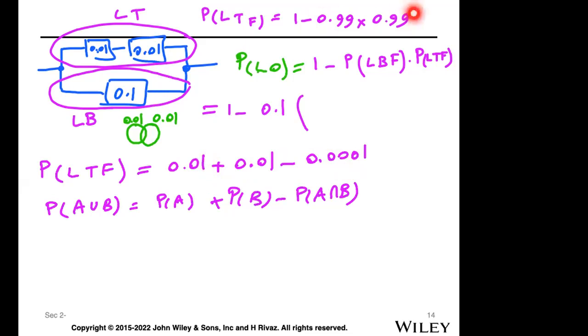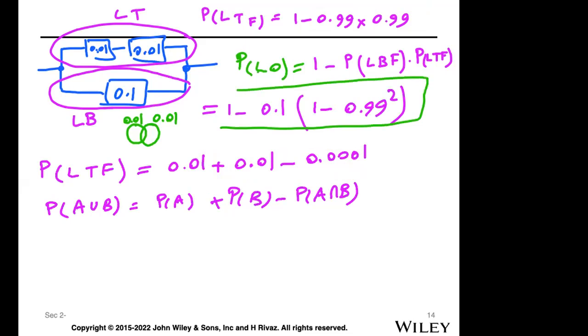So either this or this, right? So 1 minus 0.99 to the power 2. So we calculated the left part. The probability that the left part operates is this guy.